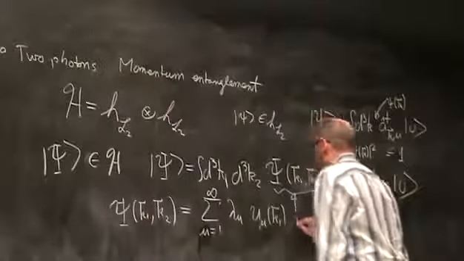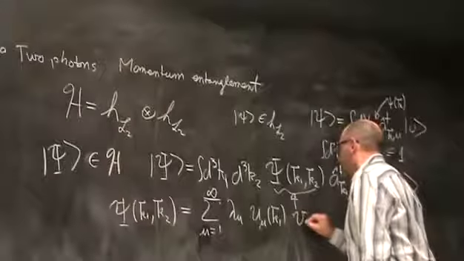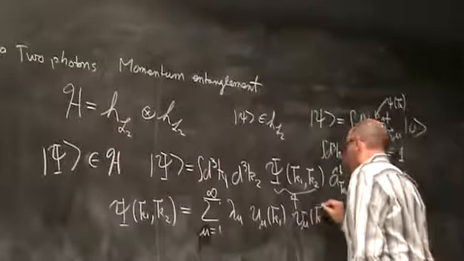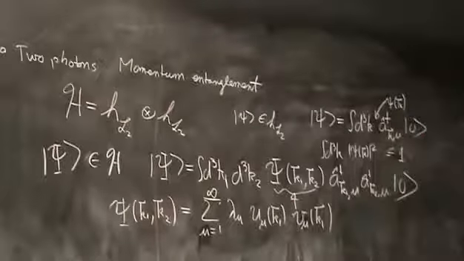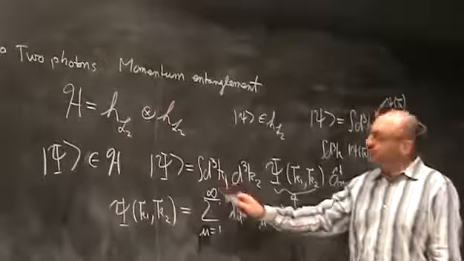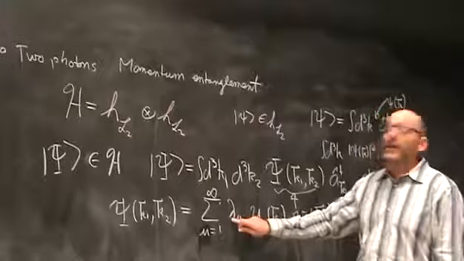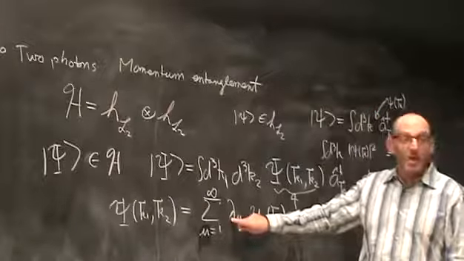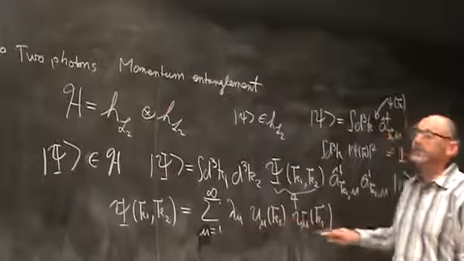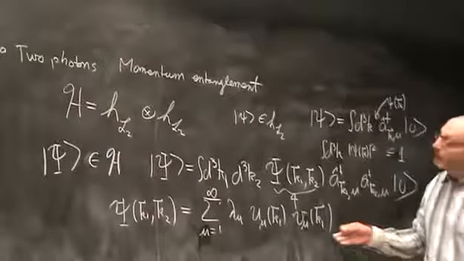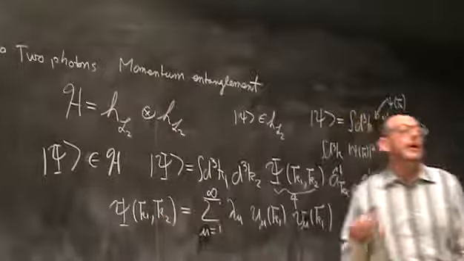So we can, even in the infinite dimensional case, write down a Schmidt decomposition. Generally it would go to infinity, but maybe there's only a finite number of non-zero Schmidt coefficients in this decomposition, and that would say there's a finite amount of entanglement.